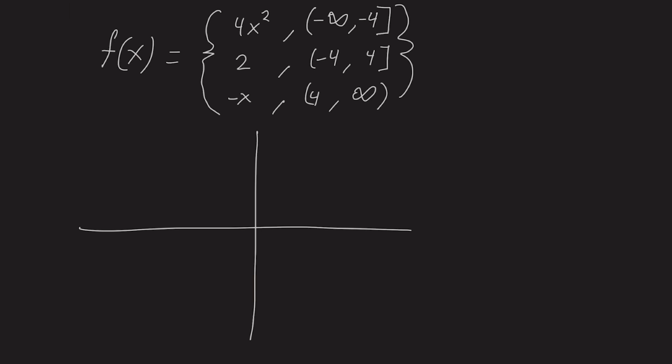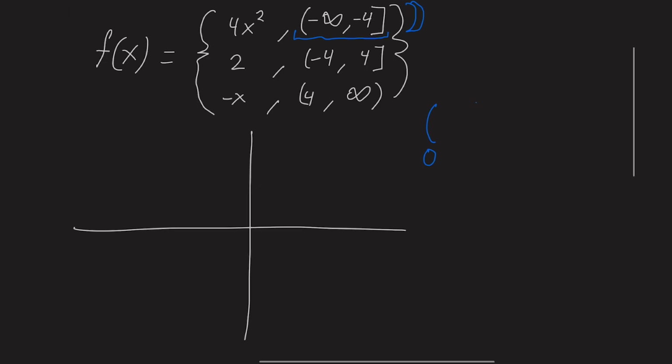Alright? So let's start at the beginning, this side of our little piecewise function. So let's first discuss this notation. If you haven't encountered it before, the soft bracket denotes an open circle, where the hard bracket denotes a closed circle, which means this statement, negative infinity up till negative 4 hard bracket, is equal to the statement x is less than or equal to negative 4.